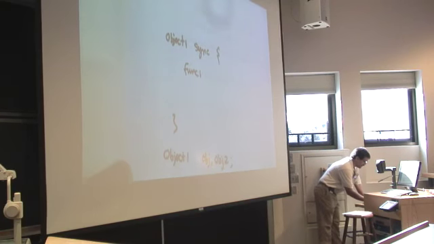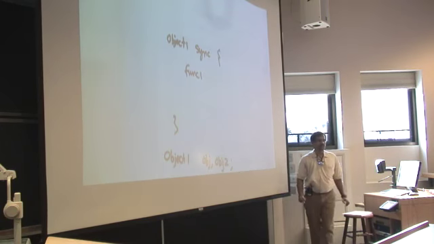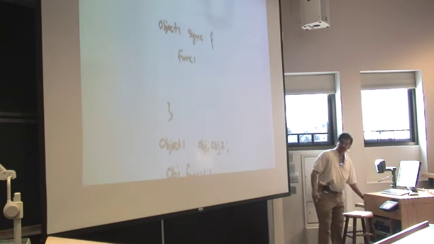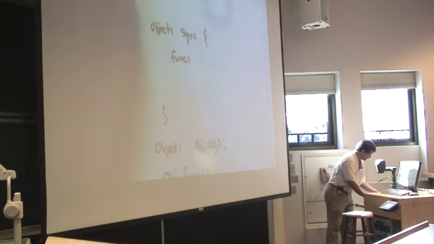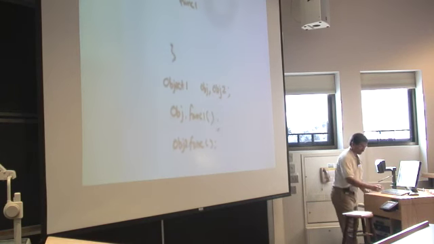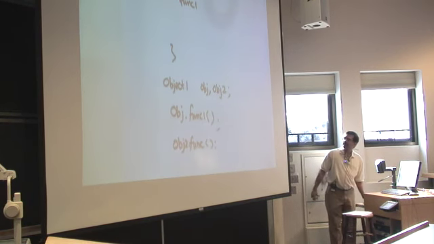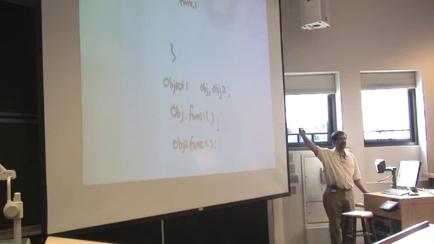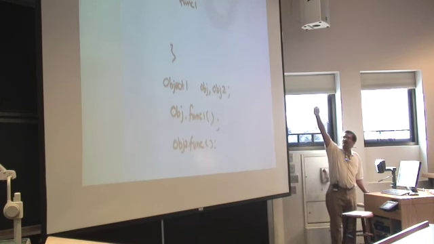So if you say obj.func1, oh, sorry. Does that make sense? So you're not making the monitor on a function definition. You're creating a monitor for this entire object.